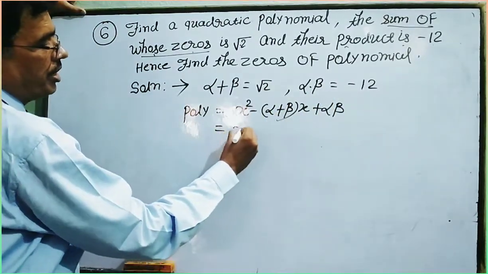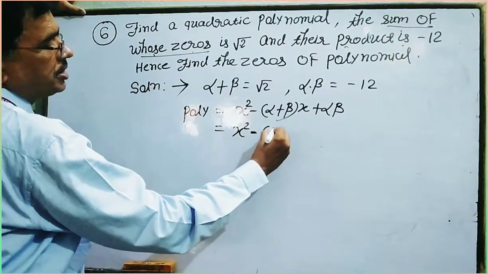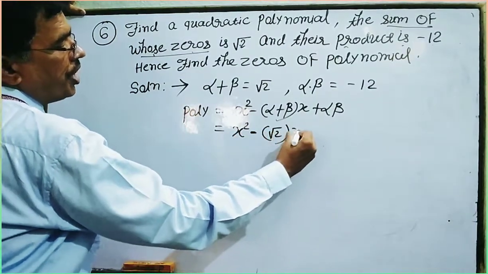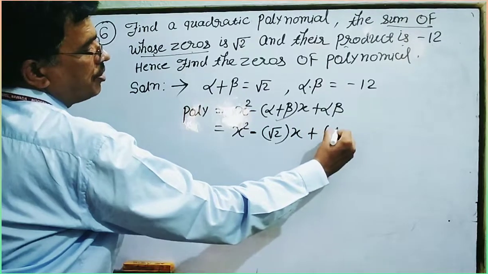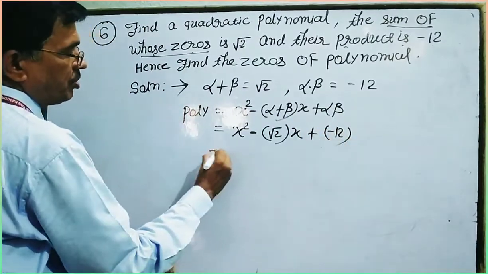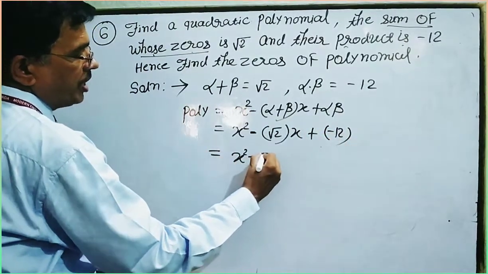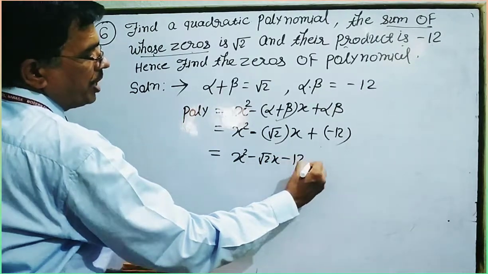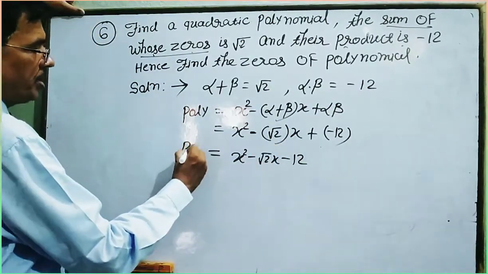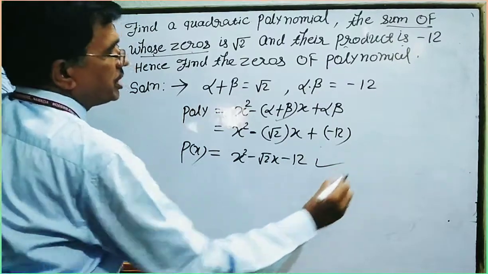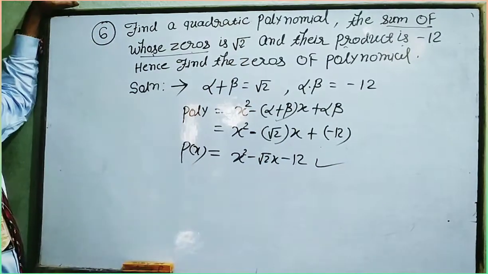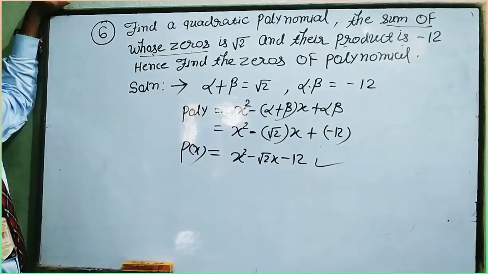So we write x square minus root 2 x plus minus 12, that is x square minus root 2x minus 12. It is the polynomial Px. So one question is what is the polynomial if the sum and product of the zeros are given.